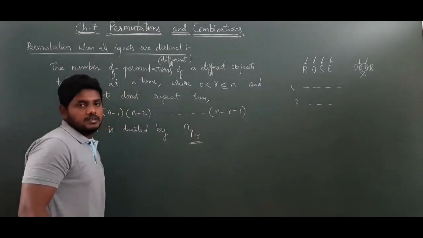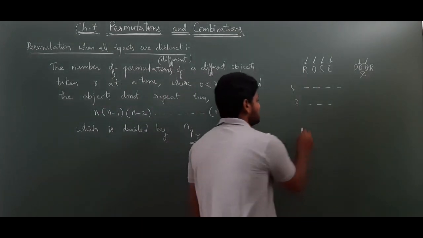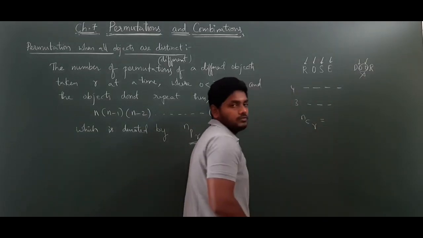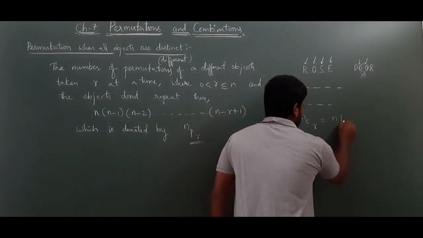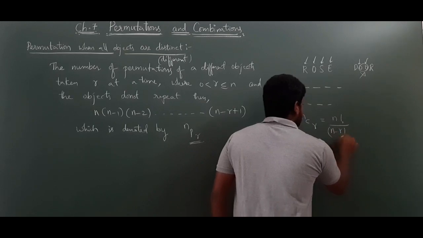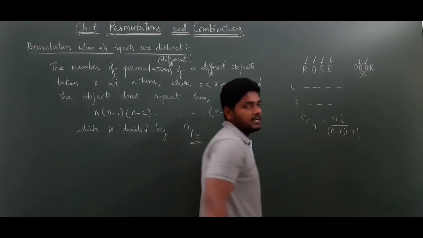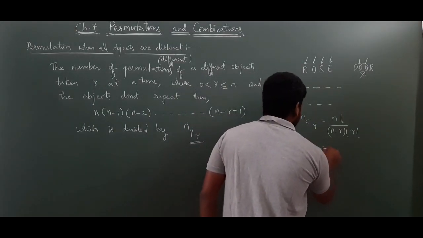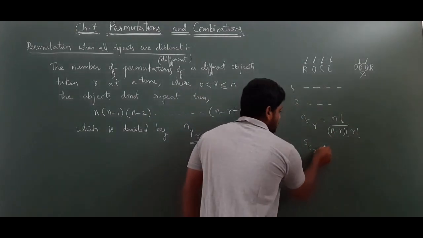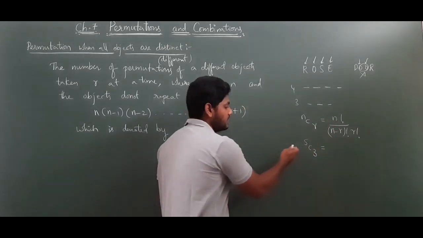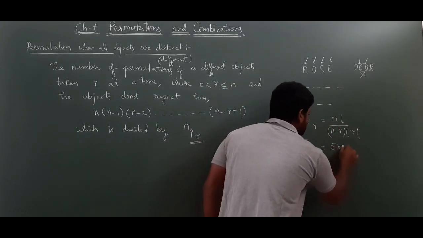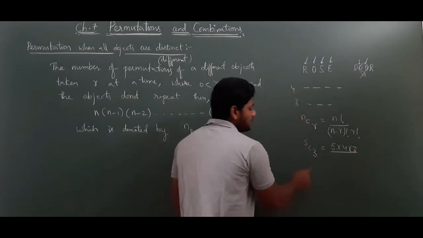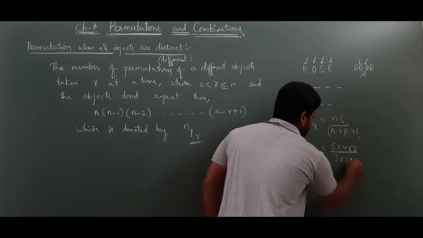It is denoted by nPr. In previous sessions we have discussed nCr, right? The nCr formula is n factorial divided by n minus r factorial into r factorial. For example, if we have 5C3, instead of applying this formula, how will we do it the shortcut way? 5C3 means 5 we decrease 3 times, and in the denominator 3 also decreases: 3 into 2 into 1.